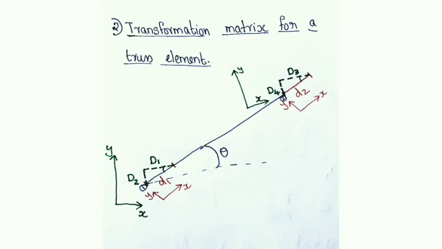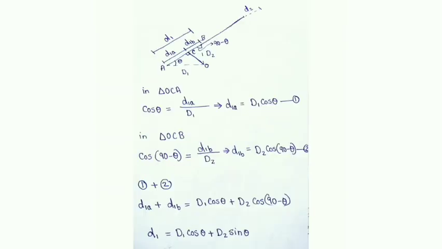Similarly at node 2, d2 is the local displacement and D3 and D4 are the global displacements, in the direction of global coordinates, for this local d2. Now, the member 1, 2 is inclined at an angle theta with respect to the global x-axis. First, let us consider node 1 and displacement d1.